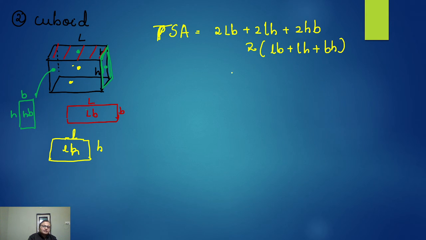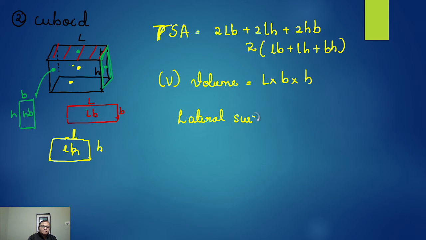This will be the total surface area, and volume will be length into breadth into height. Now we introduce one more term, lateral surface area. Lateral surface area is 2 HL plus 2 HB.